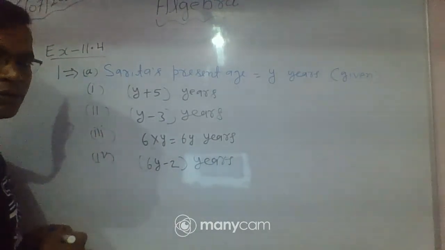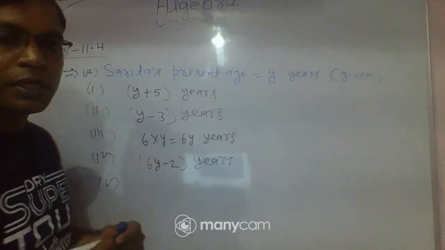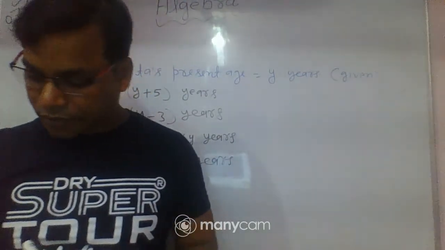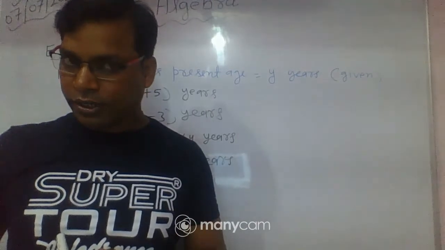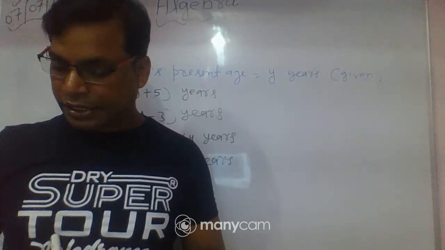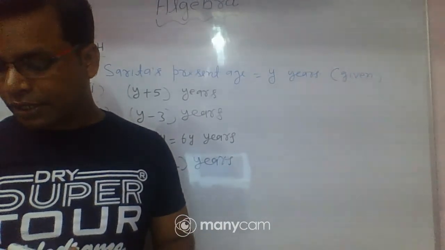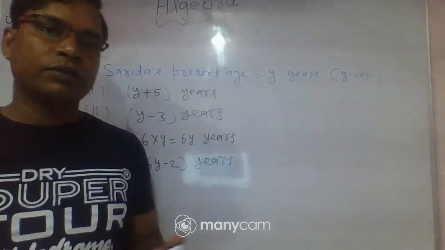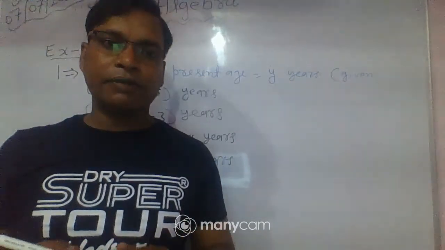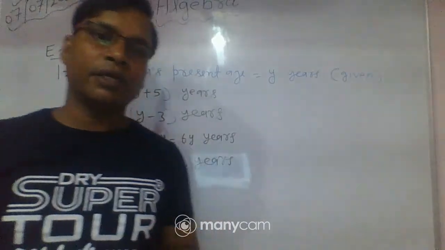Now the fifth part. What is the fifth part? Sarita's father's age is 5 years more than 3 times Sarita's age. 5 years more than means 5 plus 3 times, 3y.